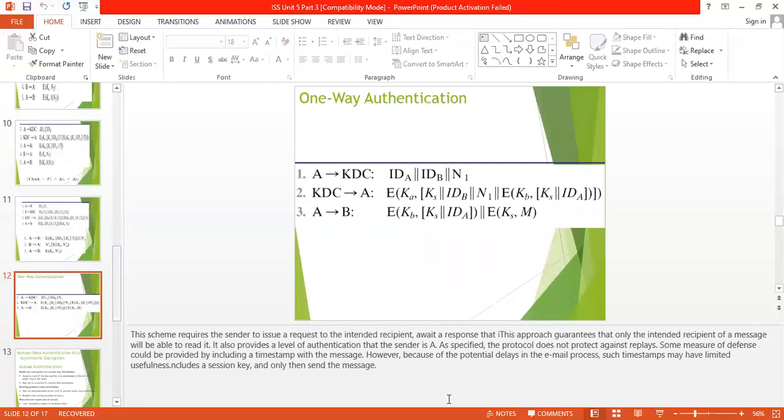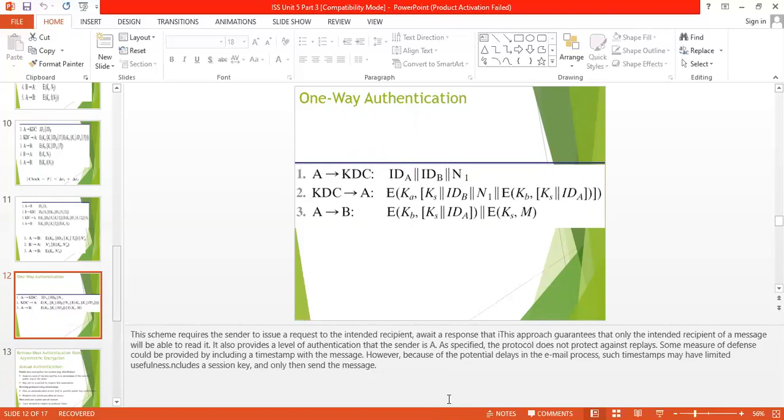One-way authentication requires the sender to issue a message to the intended recipient and await a response. This approach guarantees that only the receiver of a message will be able to read it. It also provides a level of authentication that the sender is A.